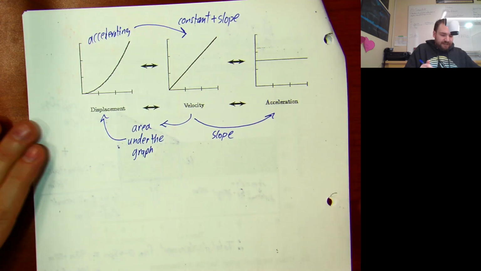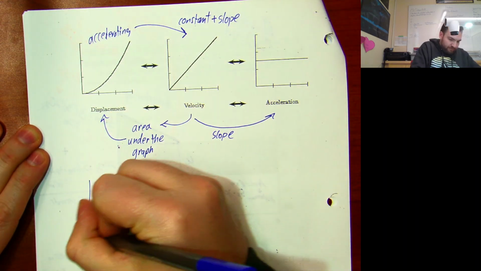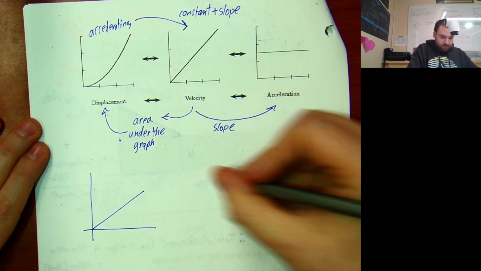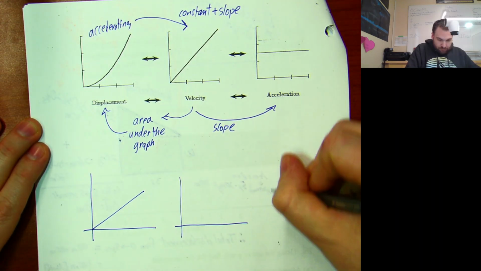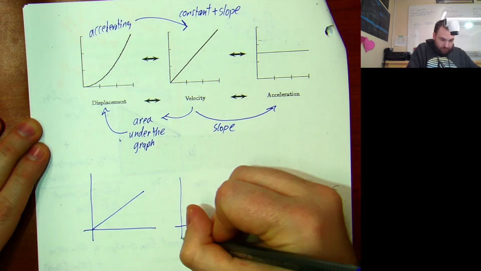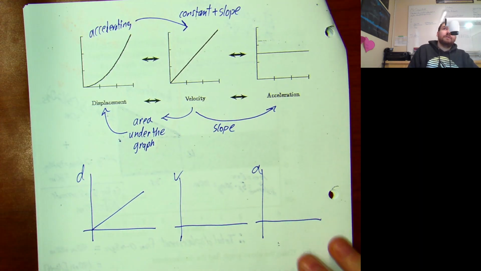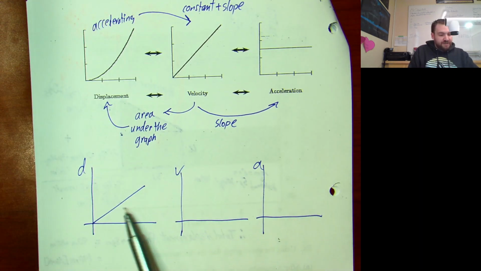What if I had something that looks like this? Let's do another one. This is D, that's V, that's A. The bottoms are all T. What's this?